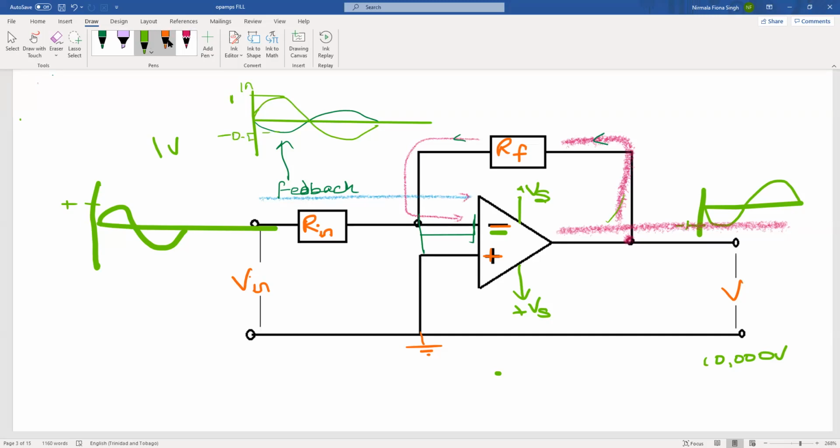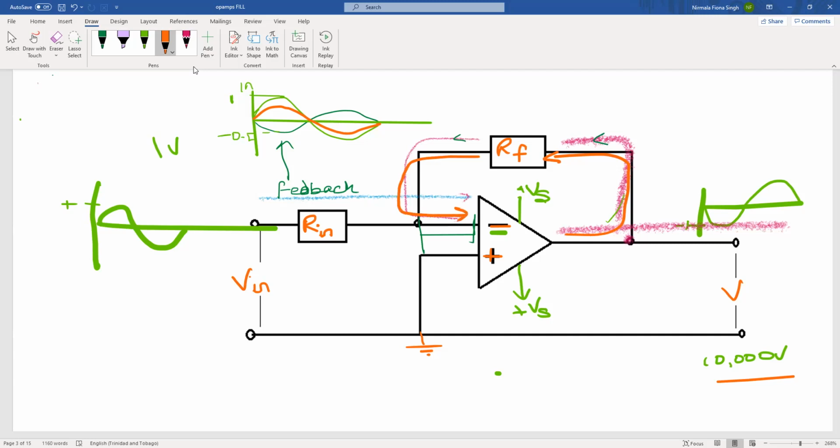So I will end up getting a smaller signal coming into my amplifier. So it's not to say that we're going to get a bigger signal each time. We will not get 10,000 volts coming through our amplifier. By feeding back some of this output signal into our input, we are going to reduce our signal that needs to get amplified.